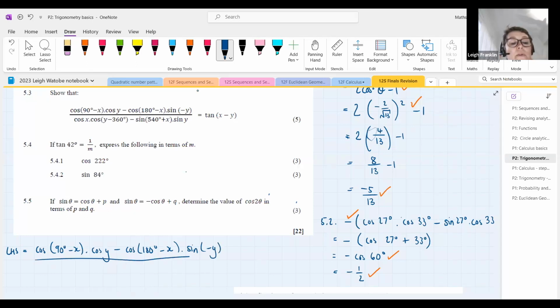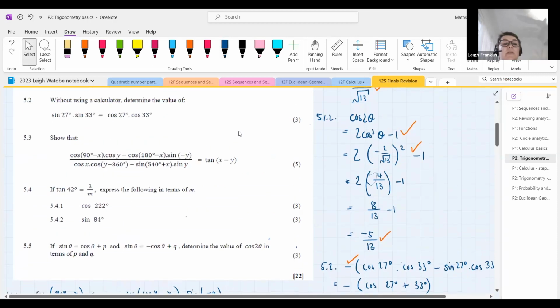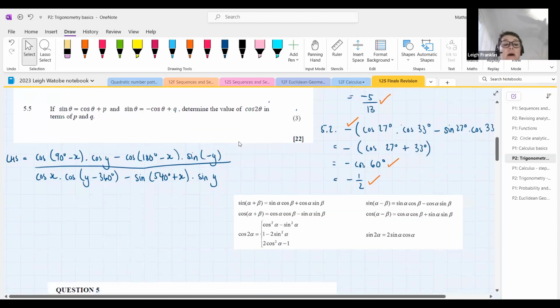And all of this is over cos x times cos y minus 360 minus sine 540 plus x times sine y. So a lot going on there in that left-hand side, and we want it to equal tan x minus y.